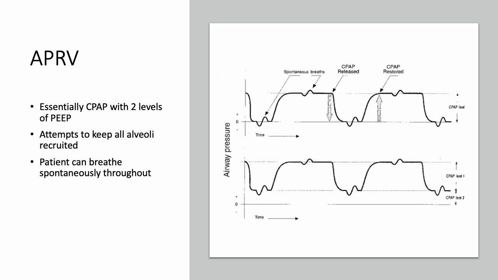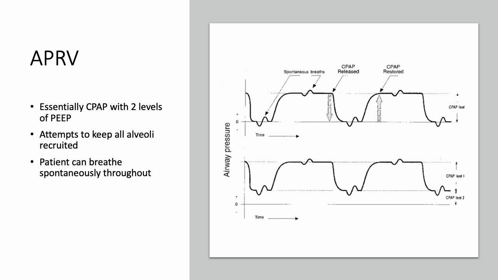So you've got a high amount of PEEP and a high inspiratory pressure, but the difference is that the inspiratory pressure is held for a long time. So the upper pressure was called your P high, and then your P low would usually be set at 0.